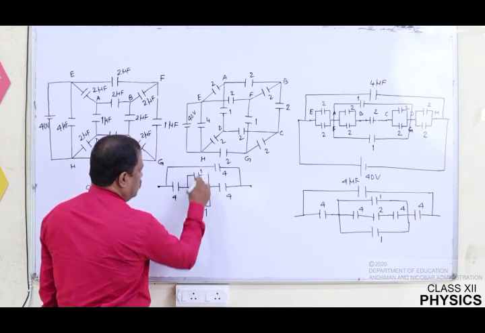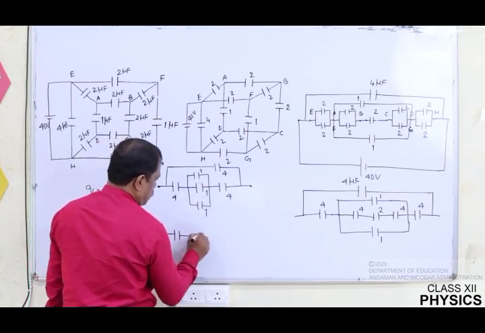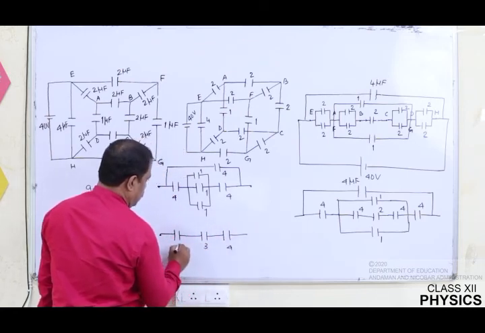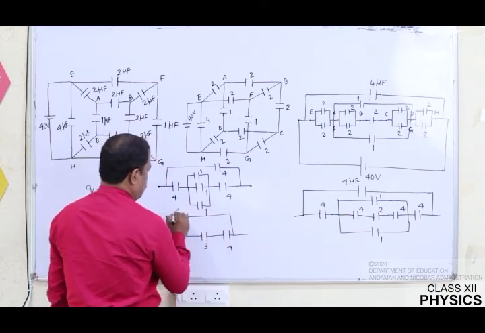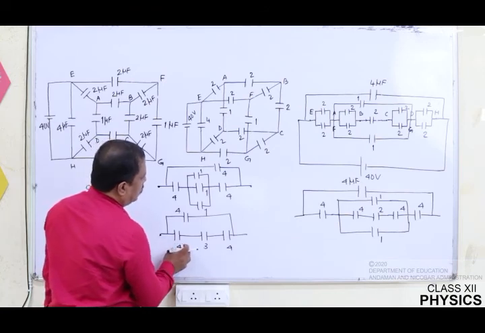Now these 3 together make 3, so therefore 4, 3, 4, 4, 3, 4, top it is 4. In that case, these 3 are now in series.